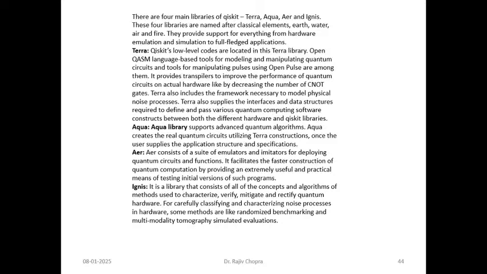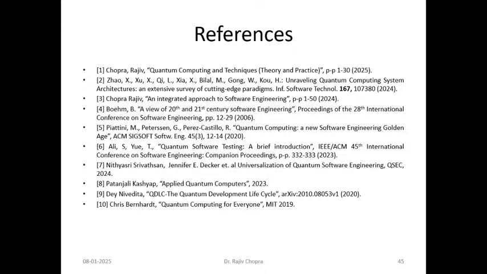Some references which I wanted to share include some papers, like the Piattini and Peterson paper, Quantum Computing: A New Software Engineering Golden Age. This is also a good paper. As far as testing is concerned, the Ali paper is also very good.